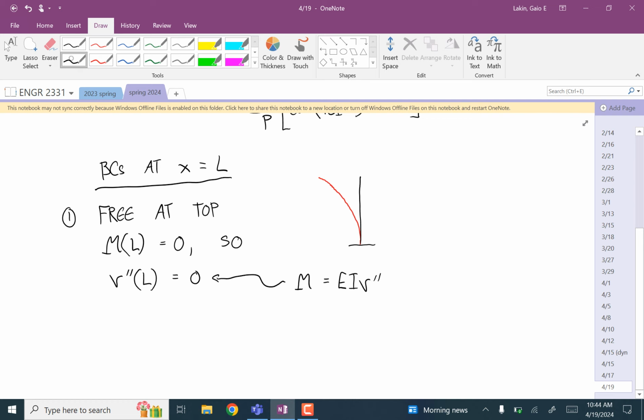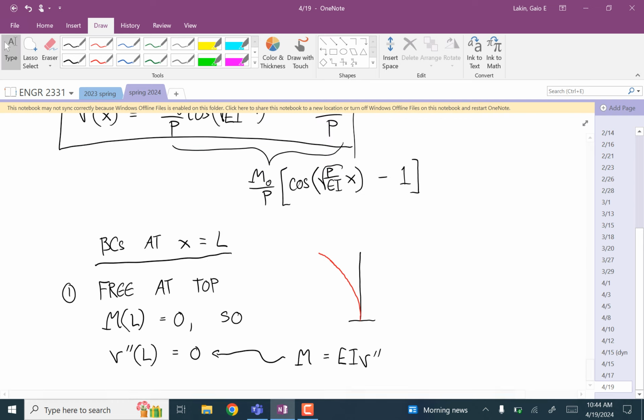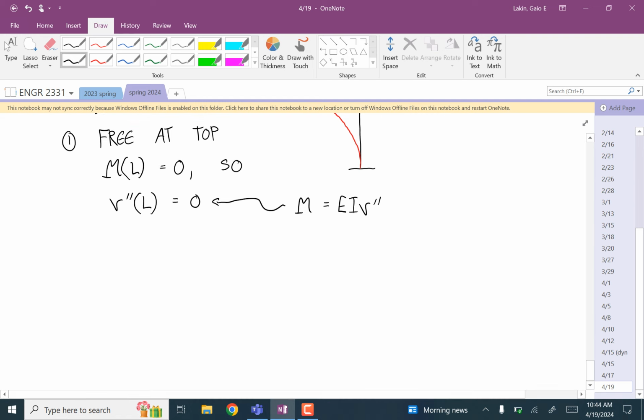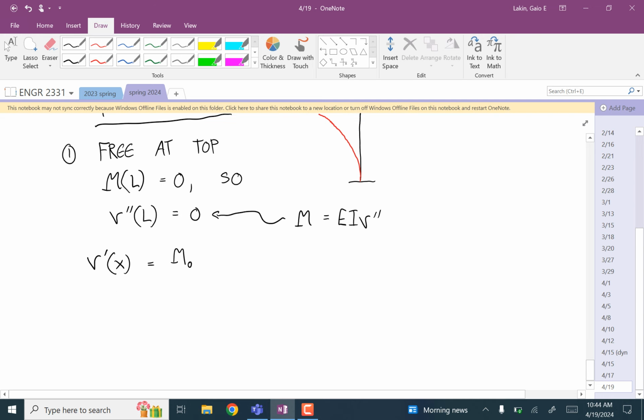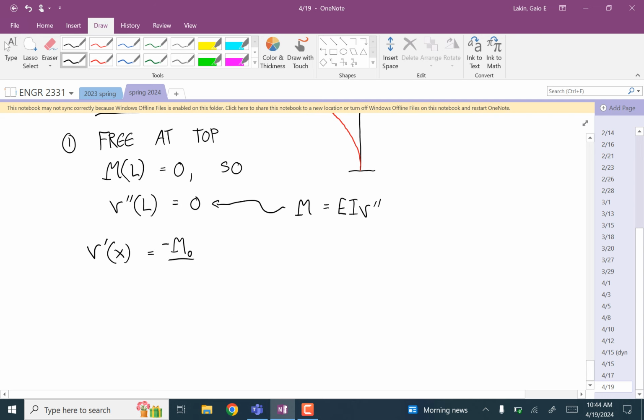And so I'm going to take the second derivative of this. V prime of x is, this was a cosine, so it's negative M sub 0 over P times square root of P over EI times sine of square root of P over EI times x.